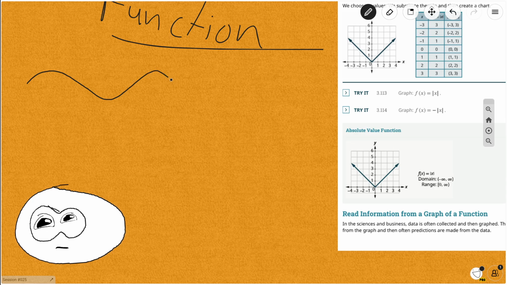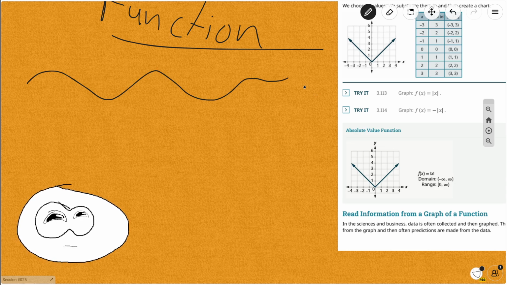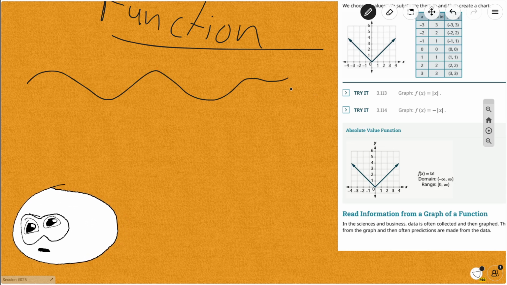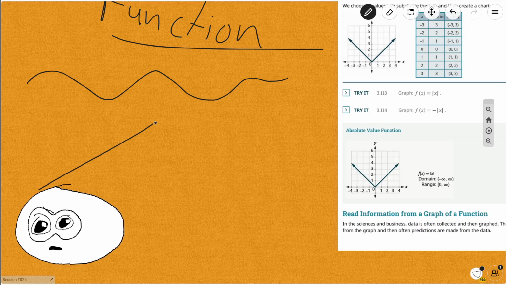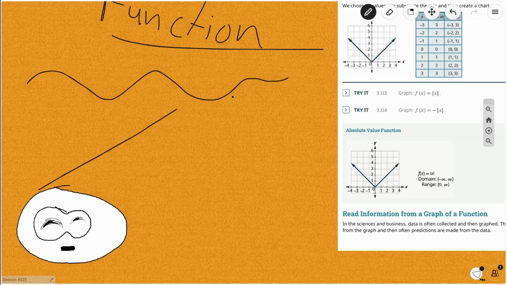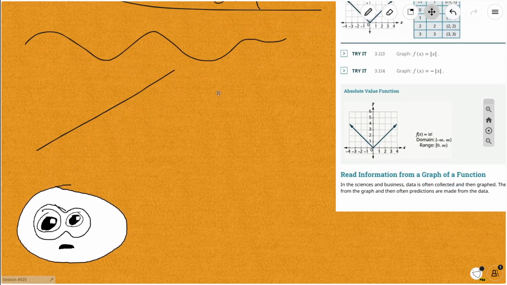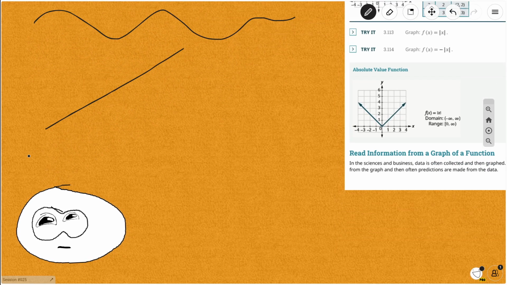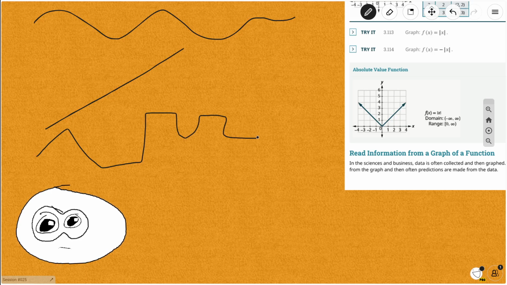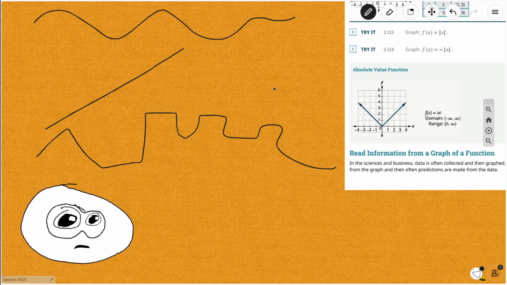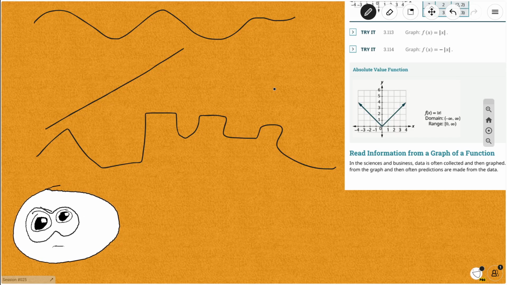Some common ones are this kind of wiggly shape, which could be something like sine or cosine. Kind of like a straight line, which would be a very simple formula. Maybe something a bit complicated is something like that. I don't know. It could be all kinds of crazy things, right?